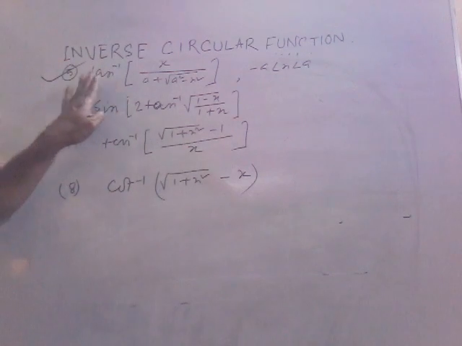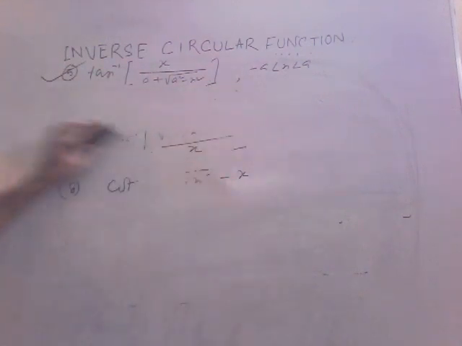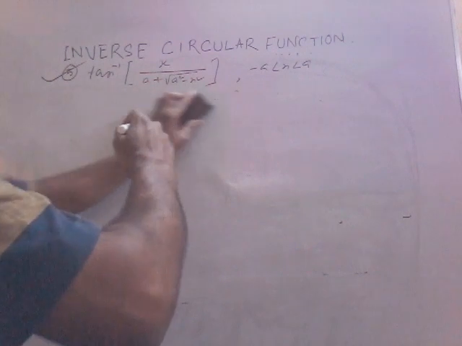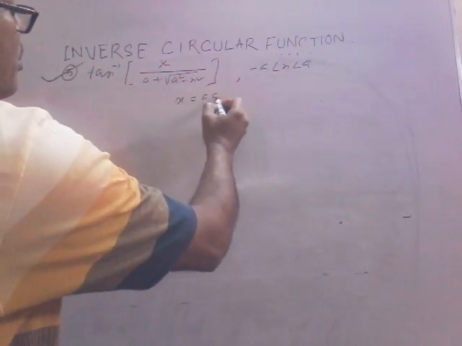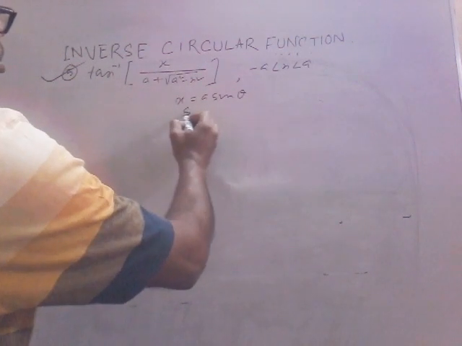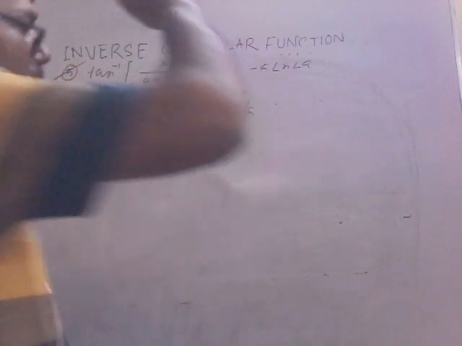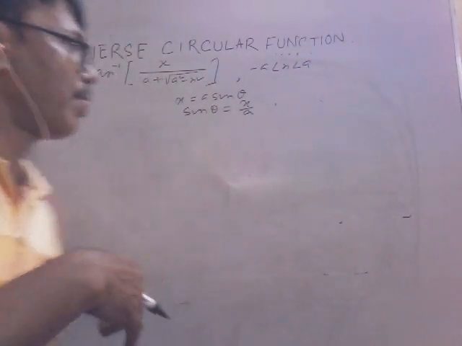So that is why you simplify it. So what is the transformation here? Look from the table, a square minus x square, so x equals a sin theta. Sin theta is x by a.